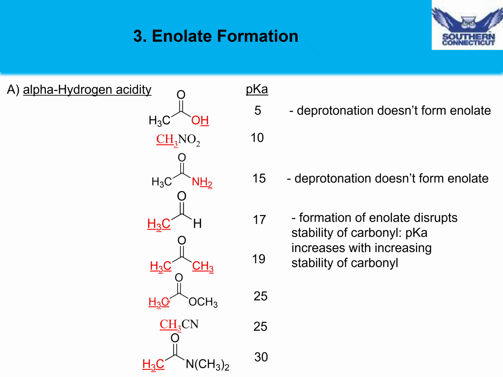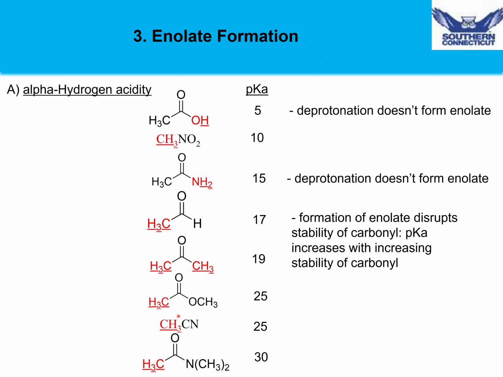An ester has a slightly higher pKa of about 25. Nitriles, again, don't quite look like a carbonyl compound, but they behave when treated with base similar to other carbonyls. And so the pKa of a typical nitrile is about 25 as well.